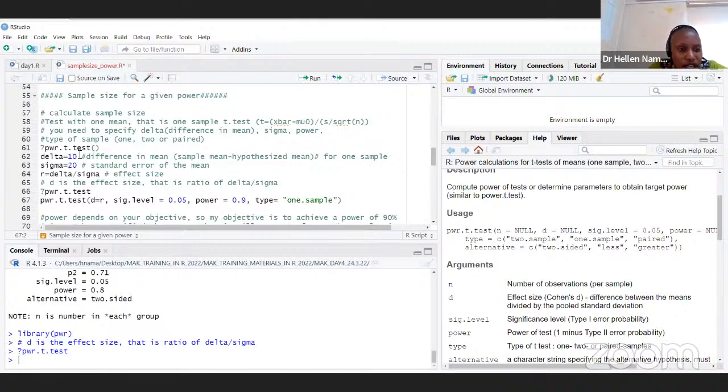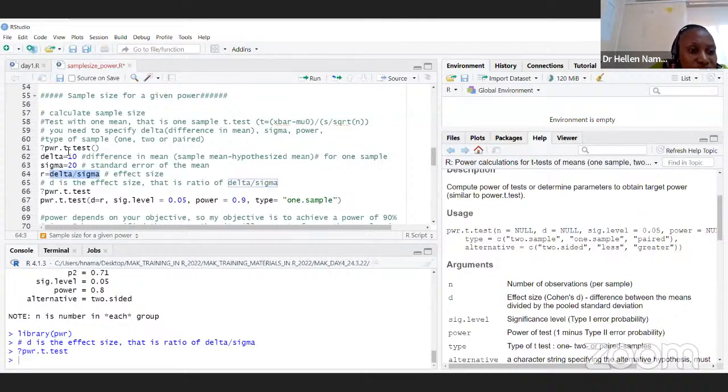And first, the difference in the means, in case I'm to consider one sample, will be the sample mean minus the hypothesized mean. So in case I consider my delta to be equal to 10, and my sigma, the standard error of the mean, to be 20, then for me to get the effect size, I need to divide.